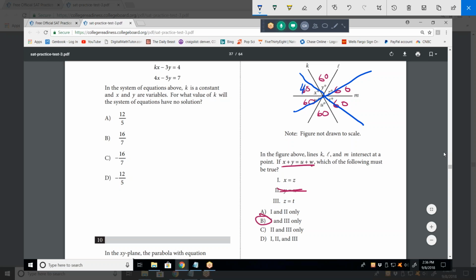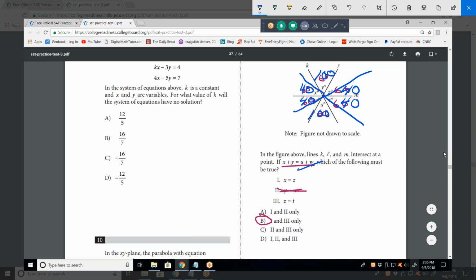Let's make that 40. Let's make that 40. Let's make that 100. 40, 100, and 40. Okay, that picture makes sense. It satisfies that. 140 equals 140.